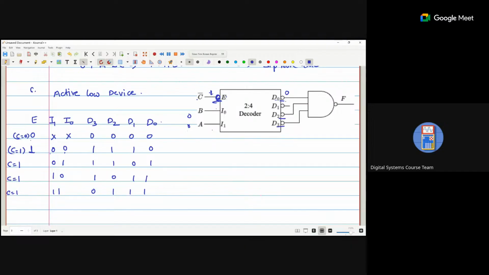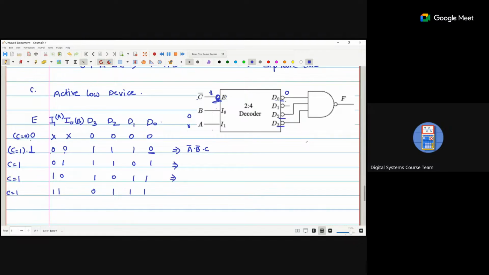Okay. So can we write the equation for the D note? In the D0 note we connect A bar, B bar, C. In D1 we connect A bar and C is 1. Okay, so we can write A bar, B bar, C. D1 is not connected, so we do not write the equation for D1.